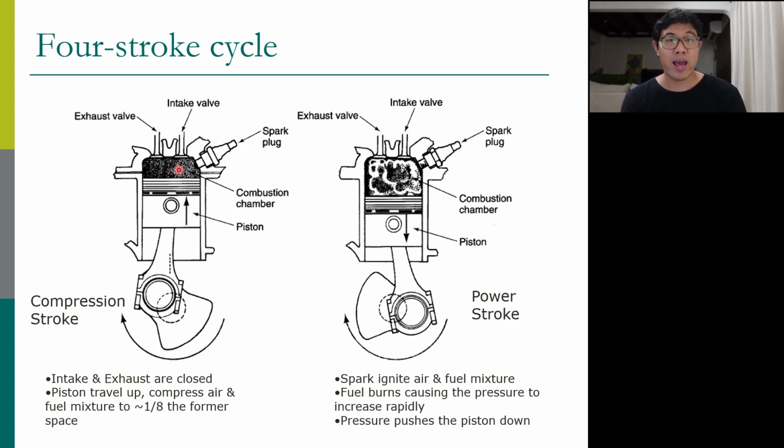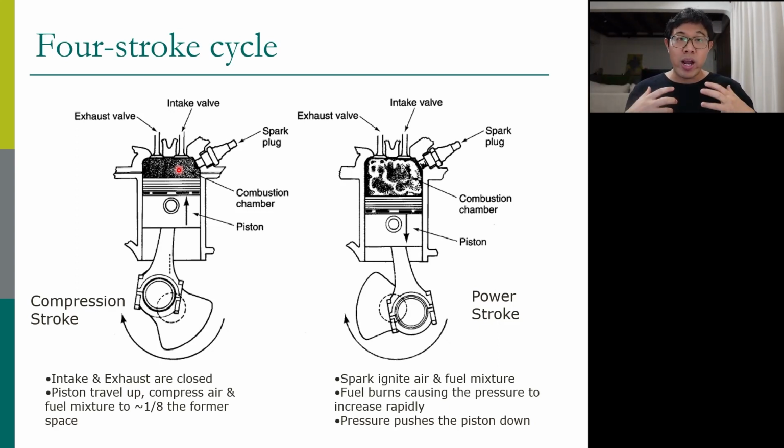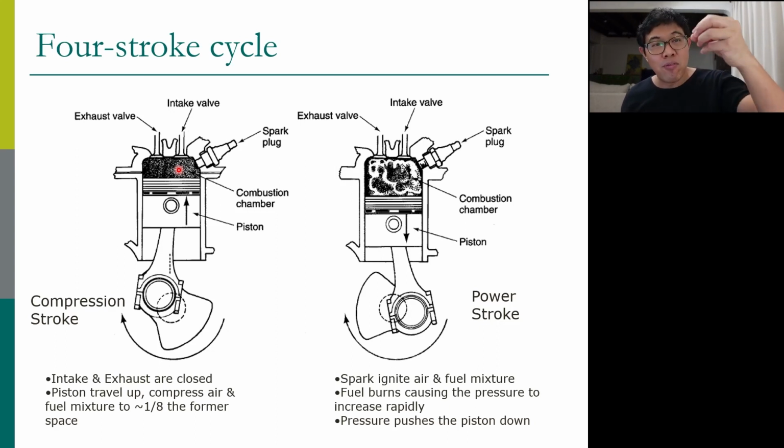We do that because when you create pressure before you combust, you get more expansion. When you get more expansion, you get more power, more energy out of the combustion. So that's why we have to compress the air-fuel mixture.